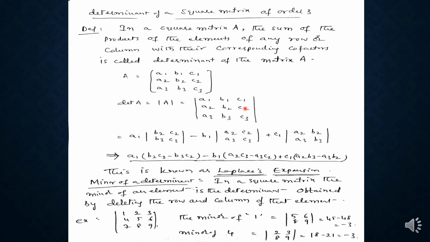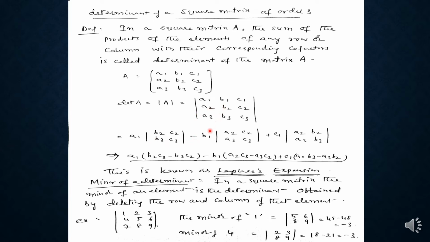Plus C1 into A2 B2 A3 B3. So this can be written as A1 into its cofactor, plus into B2 C2 B3 C3, plus B1 into its cofactor.